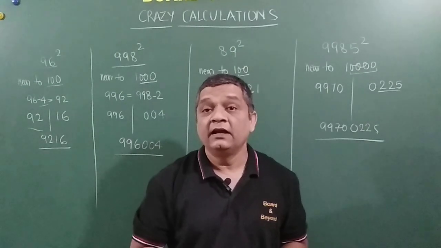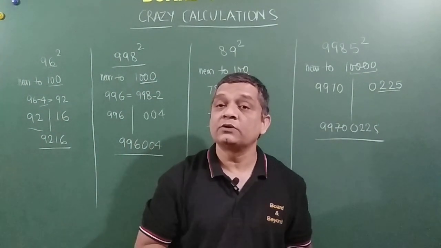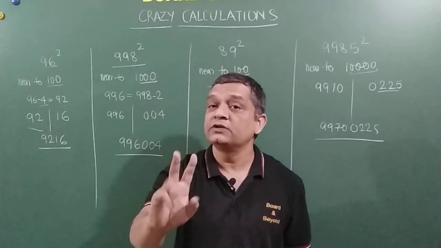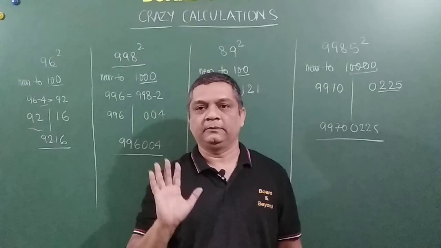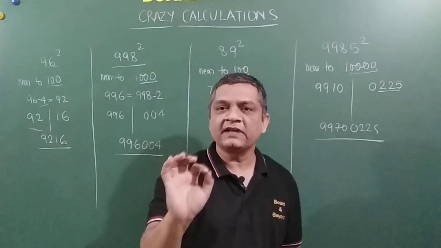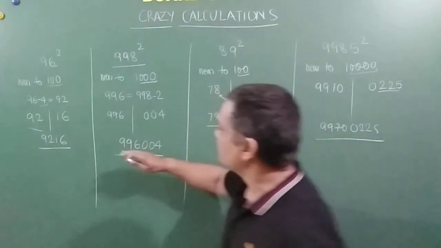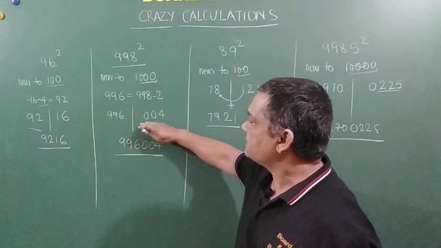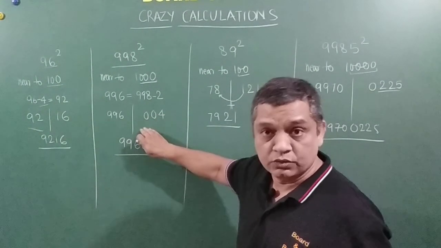Then we see what our base was. Let us say base is equal to 100, then the right hand side should have 2 digits. If it does not, add 0 and make it so. If the base is 1000, the right hand side should have 3 digits. If it is only 1 digit, add 2 zeros.